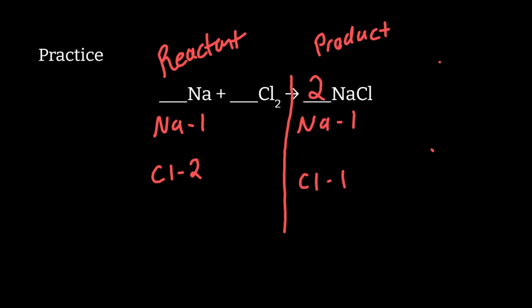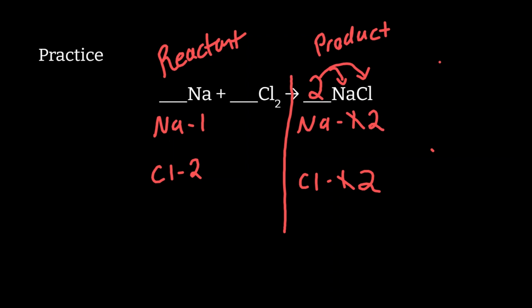So that means that a coefficient of 2 is going to multiply our chlorine by 2, so I will end up with 2 chlorine atoms. However, this 2 is also going to multiply our sodium as well, so we are going to end up with 2 of our sodium atoms.